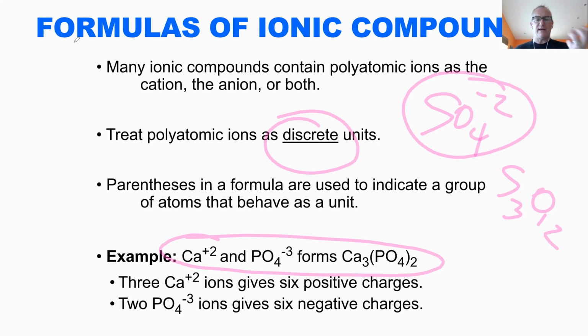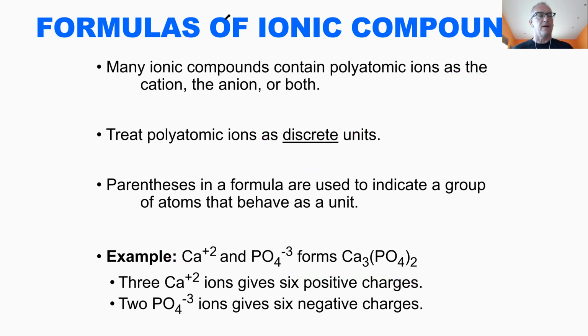So we need 3 calcium ions for +6, and we need 2 phosphate ions for -6. And then this bracket indicates we have 2 whole discrete units of phosphate ion, both of which are -3, okay?